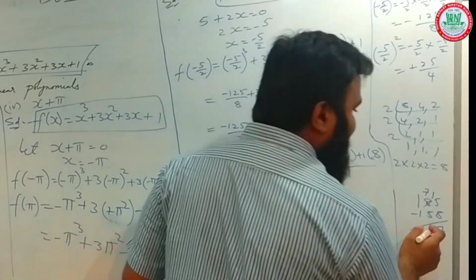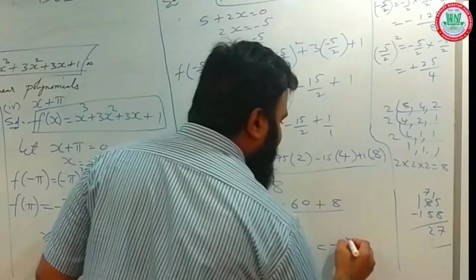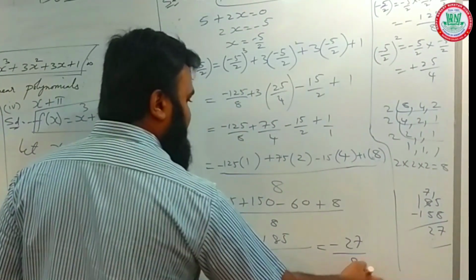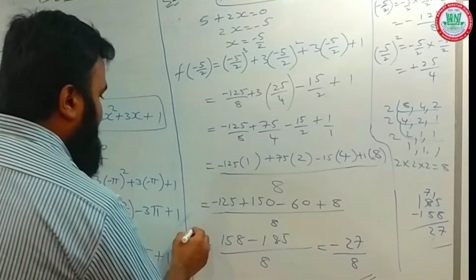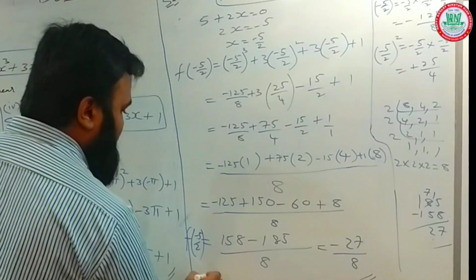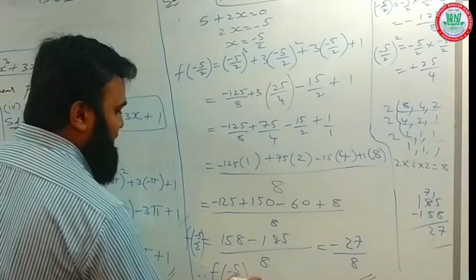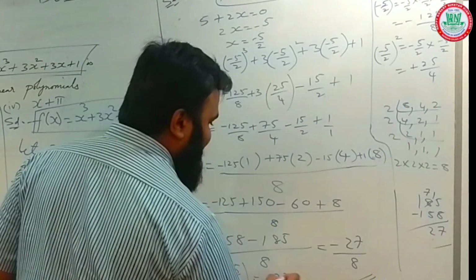Okay. 7 minus 5, 2. 1 minus 1, 0. So we will get 27. So therefore f of -5/2 is equal to -27/8.